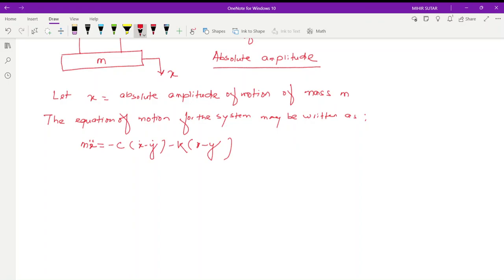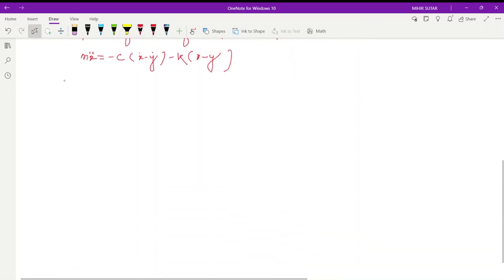Assuming that the amplitude of motion of the mass is greater than that of the base excitation, we can rewrite this equation as m x double dot plus c x dot plus k x, bringing all x components to one side, and on the other side we'll have all the y components, k y plus c y dot. Let this be equation 2.